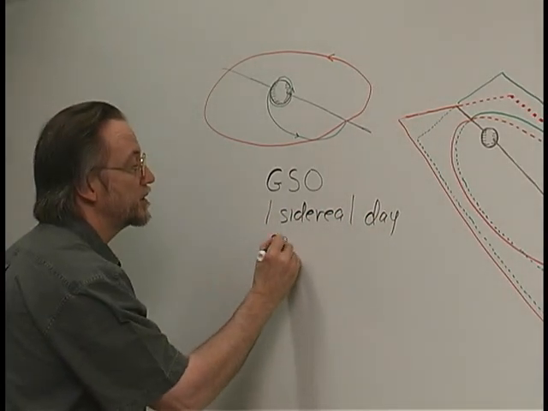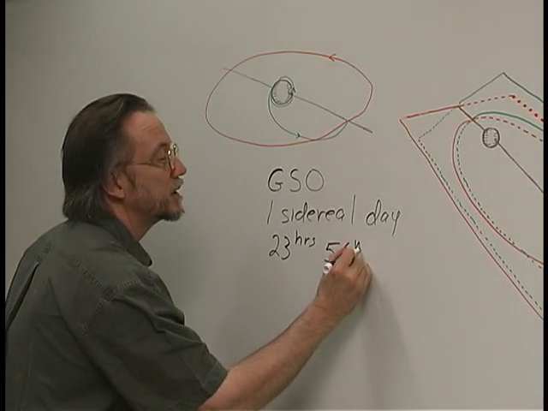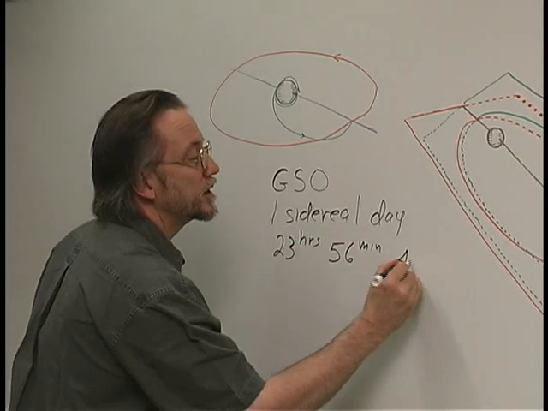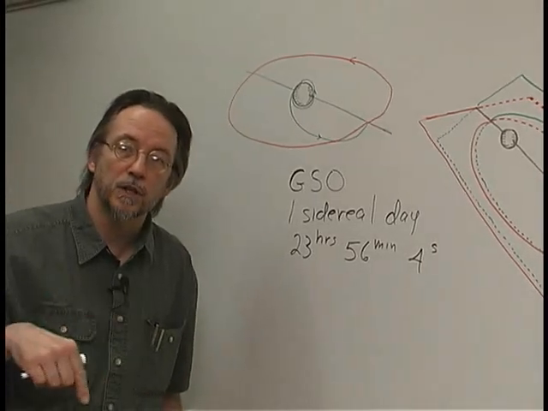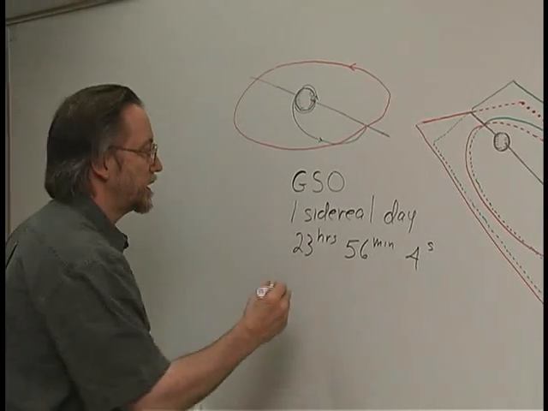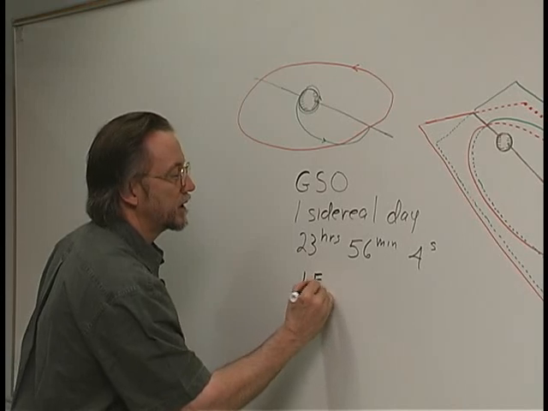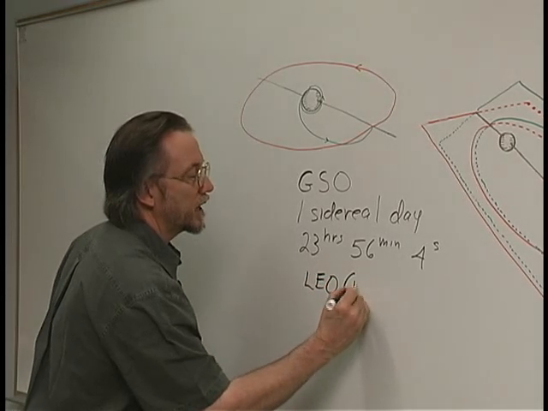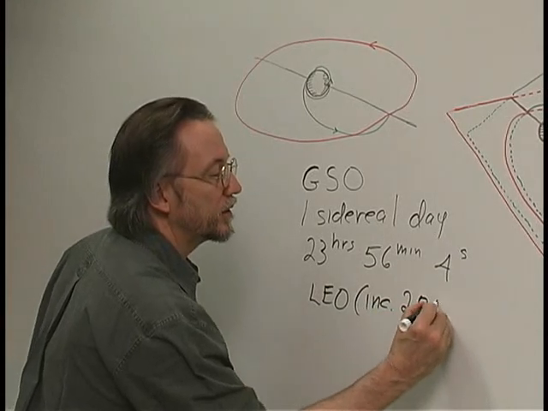It's 23 hours, 56 minutes, 4 seconds. That's the time it takes the Earth to rotate inertially one time. So we want to get into this orbit starting from a LEO orbit that's inclined at 28.5 degrees.